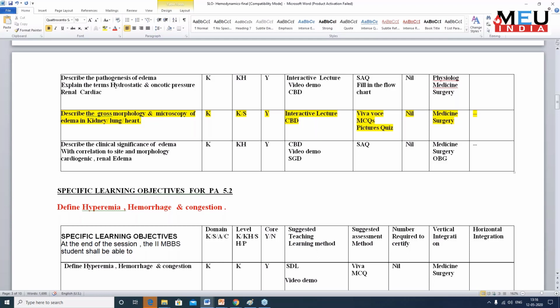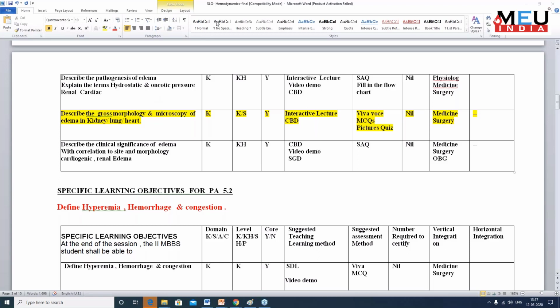Yes, please continue. Yeah, it is pathogenesis of edema, ma'am. As you said, the crux of the issue is just Starling forces. To be able to explain Starling forces, they should be able to define what is hydrostatic and oncotic pressure. But also they should be able to tell the pathogenesis leading to renal and cardiac causes of edema.